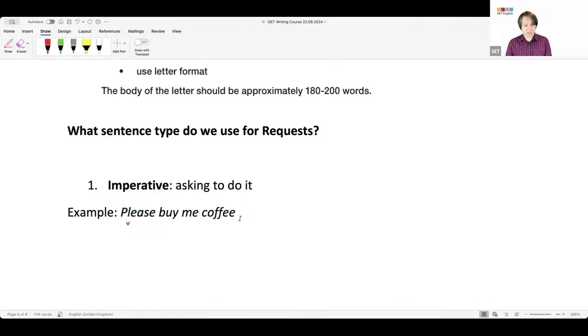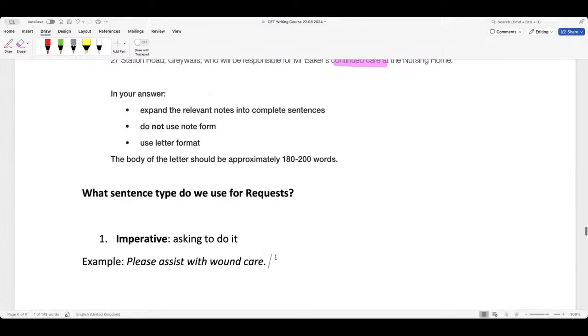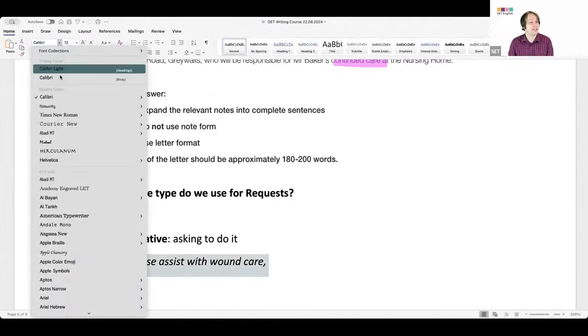But you can't just write, please assist with wound care, right? That's too short. So what should I do? You should expand it. How can I expand it? Maybe comma, with conjunction. Please assist with wound care, and what's next, guys?